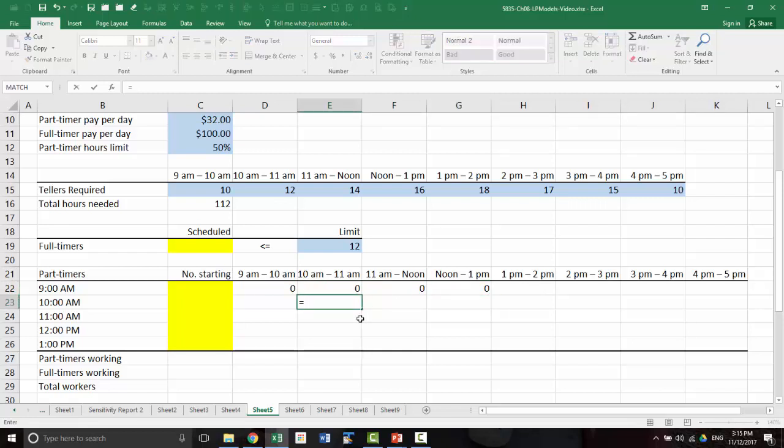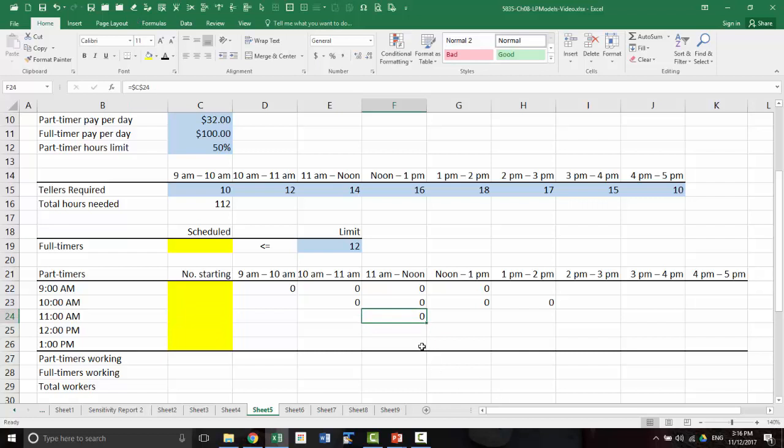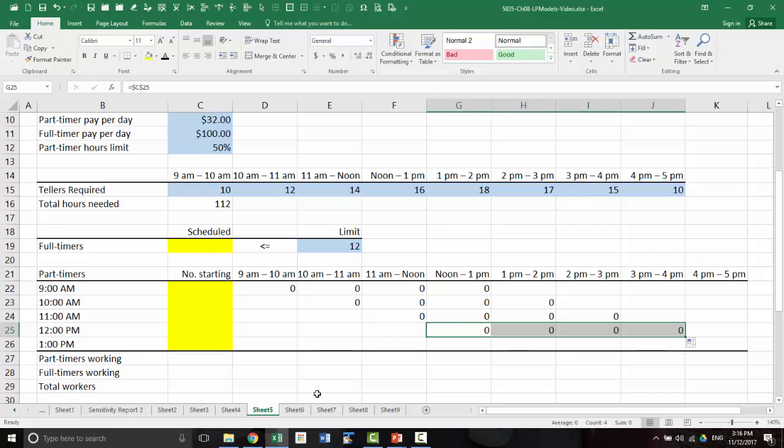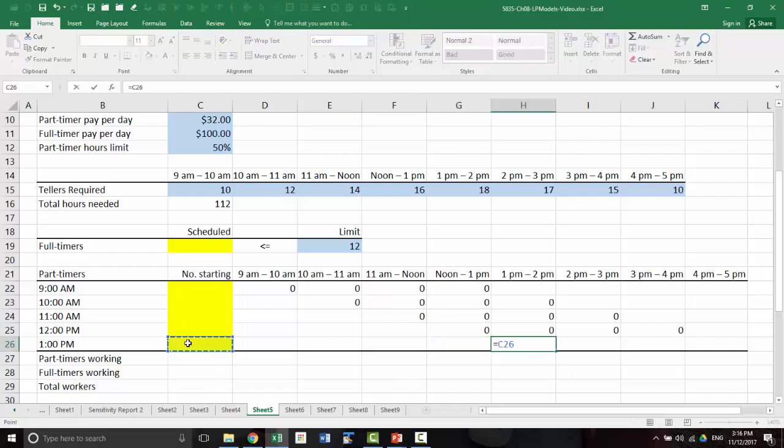The 10 a.m. folks, they will start at 10 a.m., again absolute reference that, and they will go on till 2 p.m. Similarly the 11 a.m. folks, absolute reference that, they will go on till 3, and the 12 p.m. folks, absolute reference that, will go on till 4, and then the 1 p.m. folks, absolute reference that, will go on till 5 p.m.